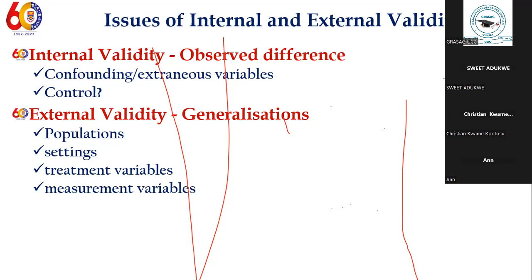Then your treatment variables, to what extent did it affect those that you have used in your study? Is it the case that when that treatment variable goes out to your population or your sample that are not part of your study, it is going to have the same influence on them? So we look at all of these things.